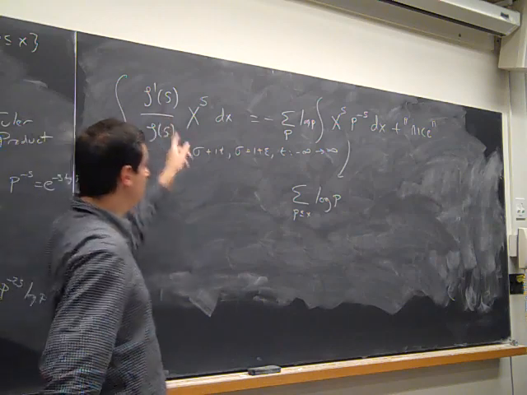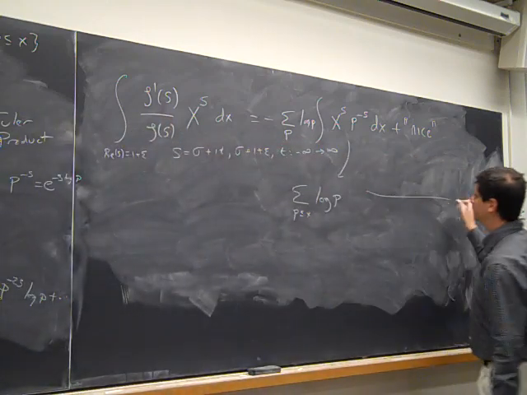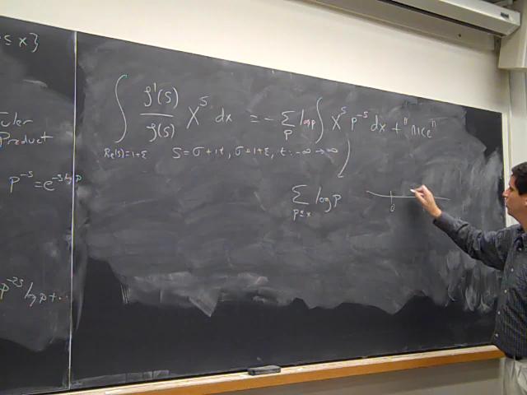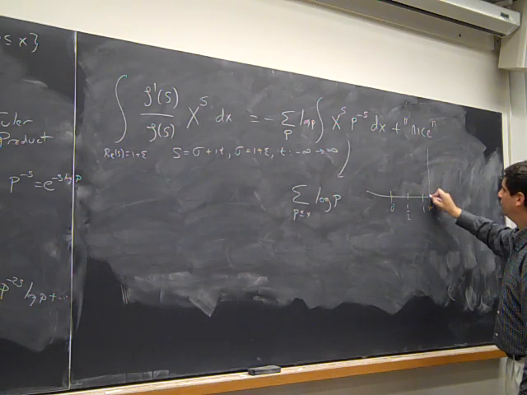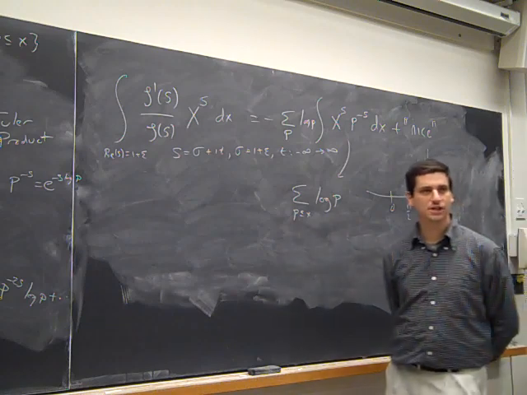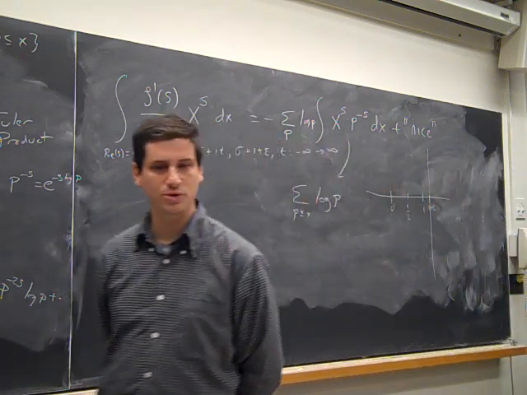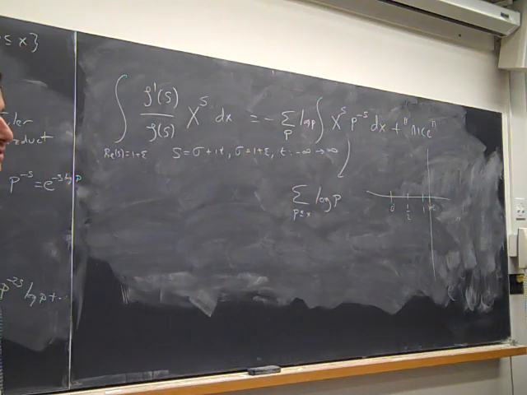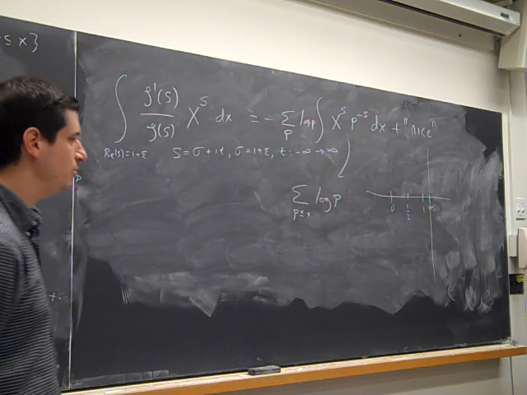Over here, if you think about what we're doing, now here's the universe. Here's 0, here's 1, here's 1/2, here's 1 plus epsilon. We're integrating along this line. In complex analysis, what would you like to do? You want a closed contour.